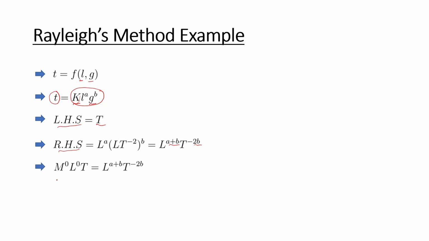And if you equate these two, M raised to 0, L raised to 0, because the left-hand side dimension is T. M raised to 0 is 1, L raised to 0 is 1, it doesn't have a dimension. So the right side is L raised to a plus b into T raised to minus 2b. So now you will get the equations a plus b is 0, compared with capital L, and minus 2b is 0, compared with T. On solving this, you will get a is equal to half and b is equal to minus half.